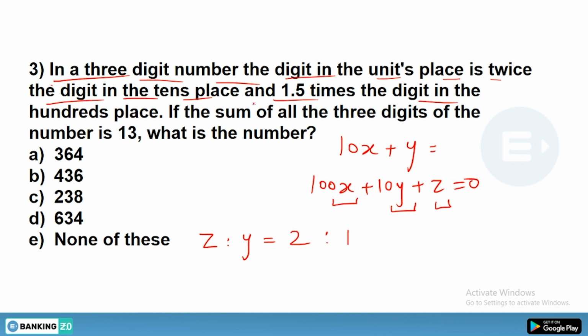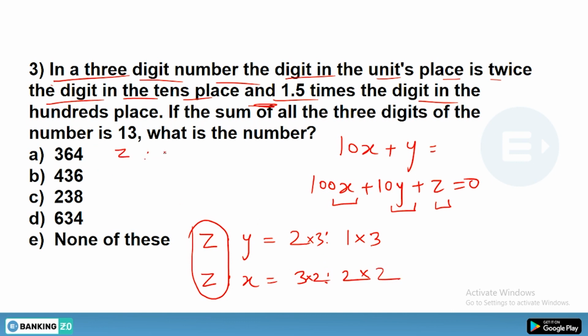They are also talking about the units place and 1.5 times the digit in the hundreds place. That means 3:2. What you have to do is make the units digit equal in the ratio by multiplying by 3 the above ratio and by 2 the below ratio. Hence you'll get the ratio of z, y and x in terms of 6, 3 and 4.